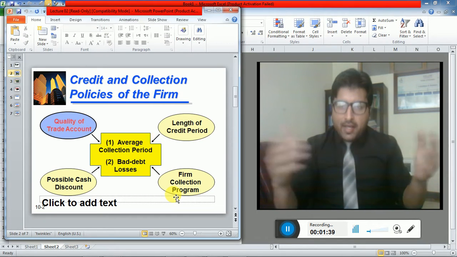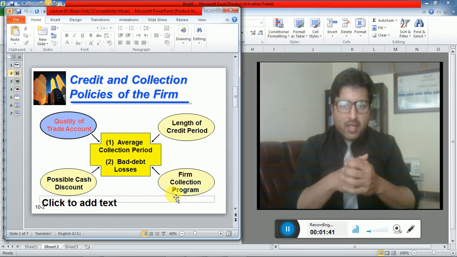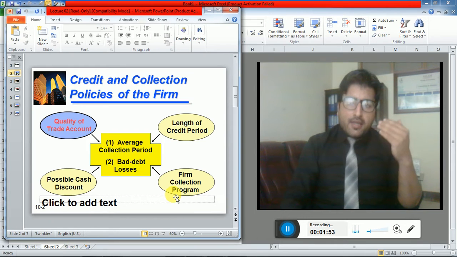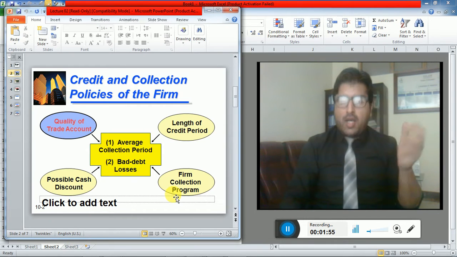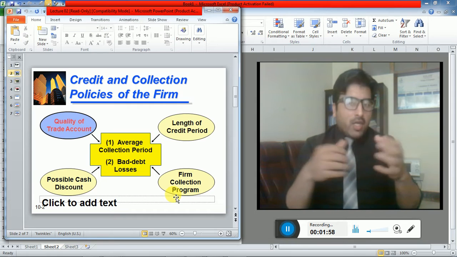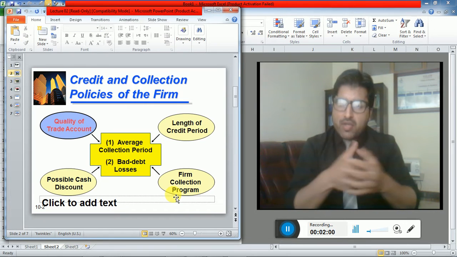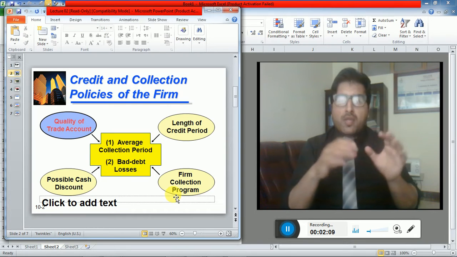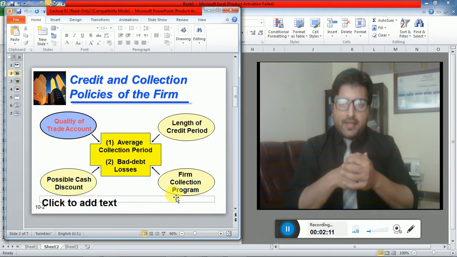You cannot blindly trust everybody. You should do some analysis to make sure whether that particular credit applicant is eligible for a sale or not. Otherwise, you may face some bad debt losses and other associated costs.